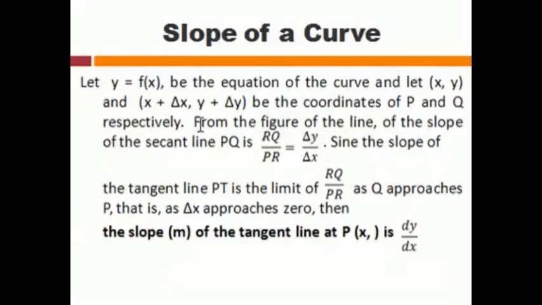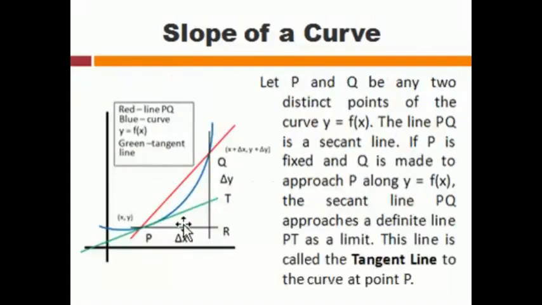Let y equal f of x be the equation of the curve, and let x, y and x plus delta x, y plus delta y be the coordinates of the points P and Q. From the figure, the slope of the secant line PQ is RQ over PR, or delta y over delta x. So this is delta y over delta x, or QR over PR.